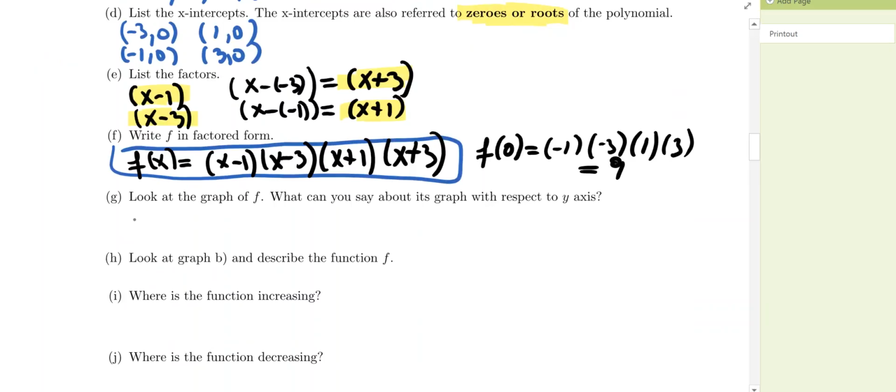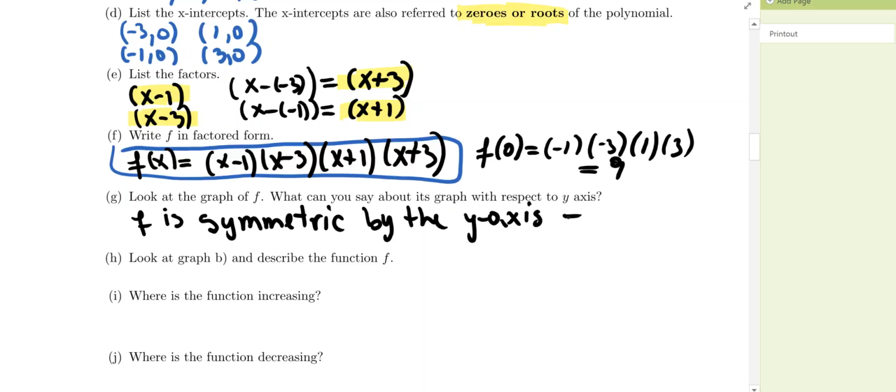The graph of f is symmetric about the y-axis. It means f is even. So just like numbers, functions can be even or odd. Actually, they also can be neither. We'll see in a second.